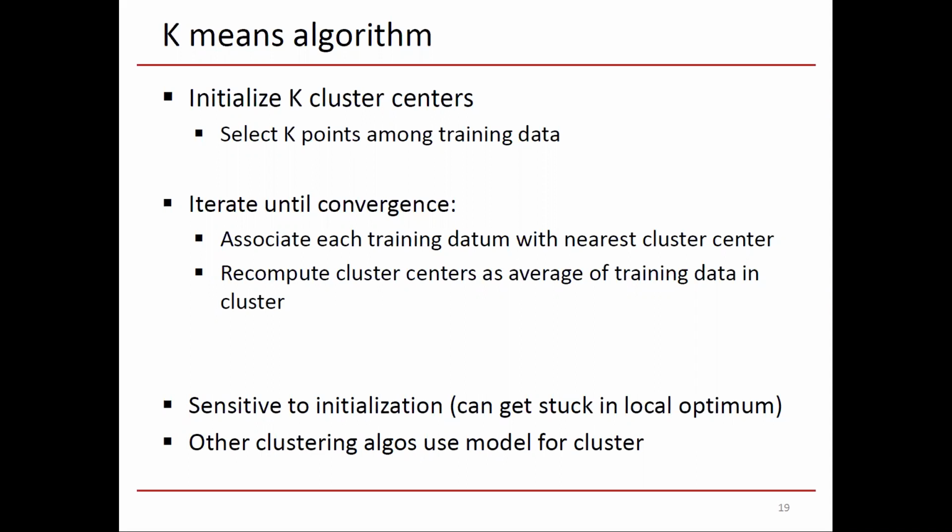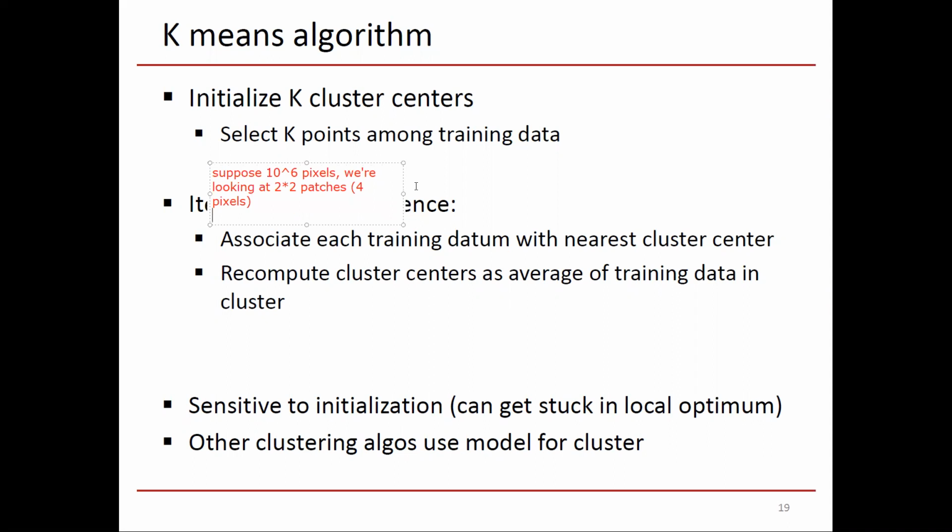Okay, so how do we do that? We're using the k-means algorithm for the clustering. So we initialize k cluster centers. You just select k points in the training data. That's it. Then you iterate as follows. First of all, you associate each training data with the nearest cluster center. So let's start putting numbers on these, okay? Suppose 1,000,000 pixels, and we're looking at 2 by 2 patches, which is 4 pixels.